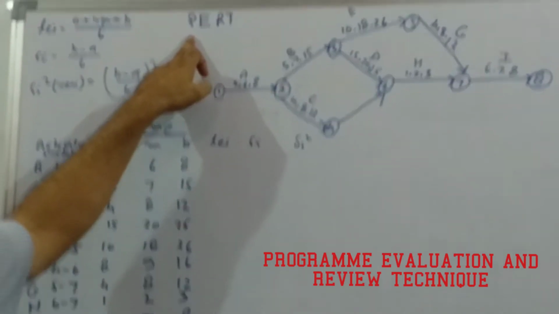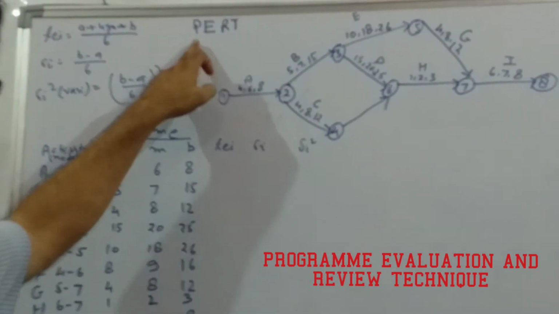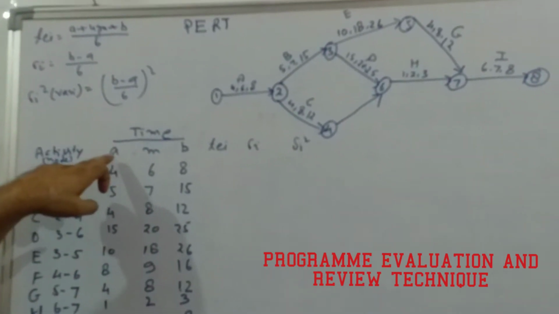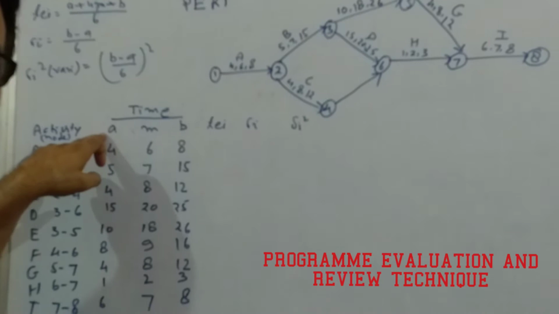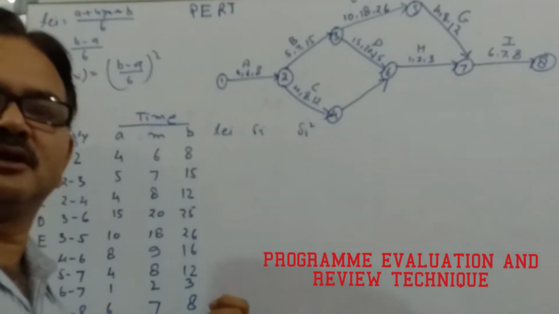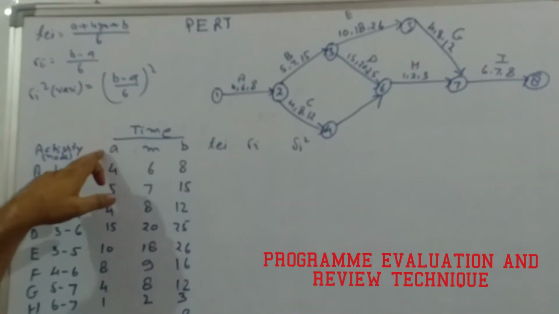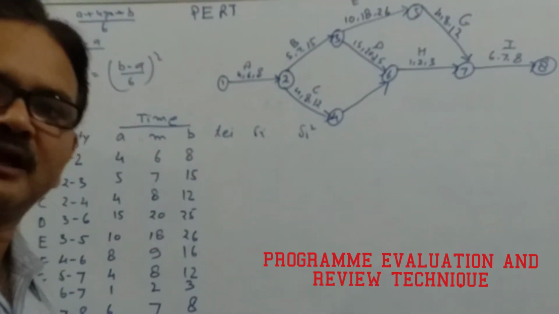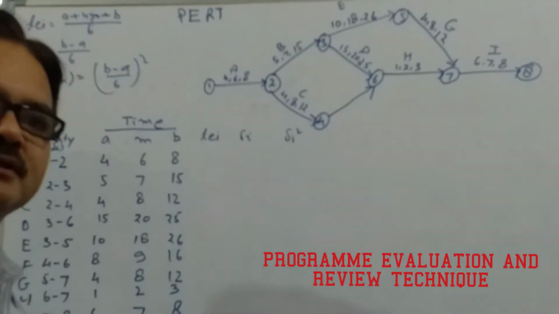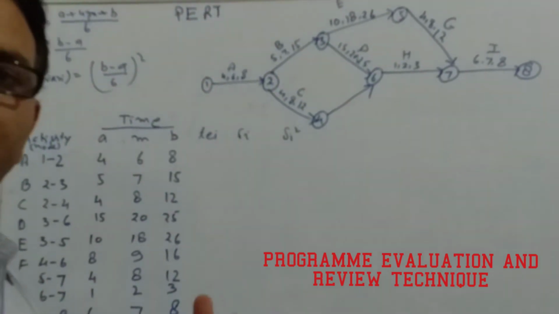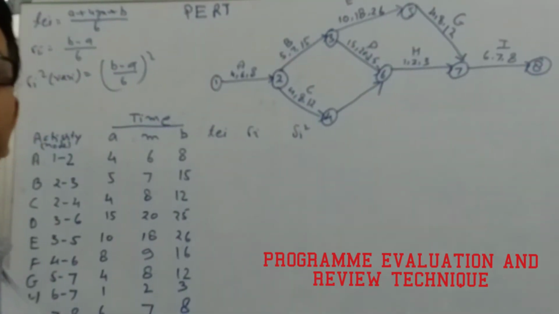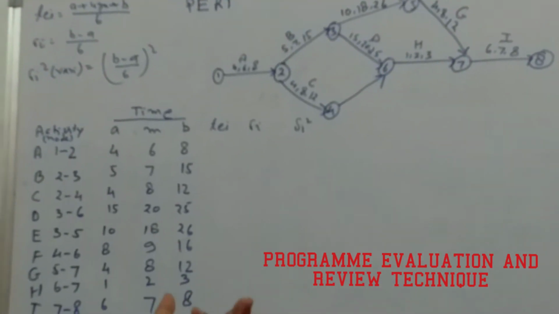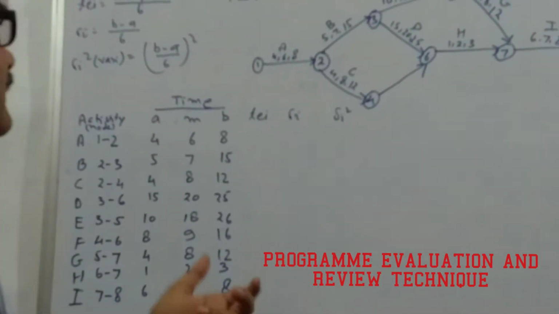Here it involves three types of times. Time given in three forms. One, that will be denoted by A, known as most optimistic time. Optimistic time is that time in which the activity is completed, or you can say the shortest, real time in which the activity is completed.